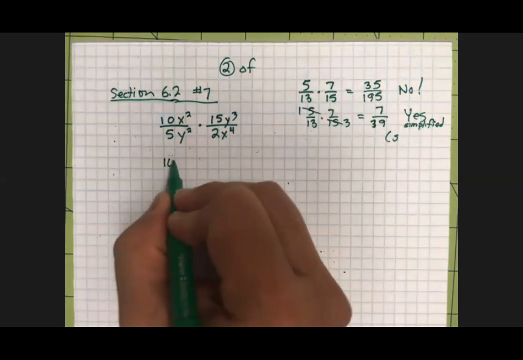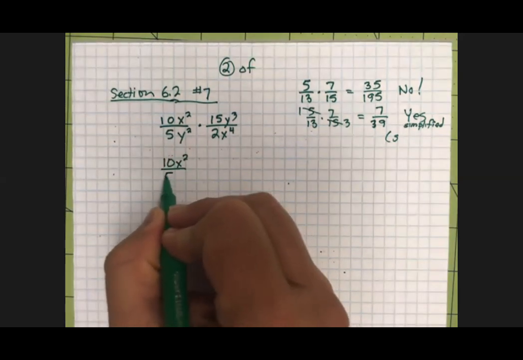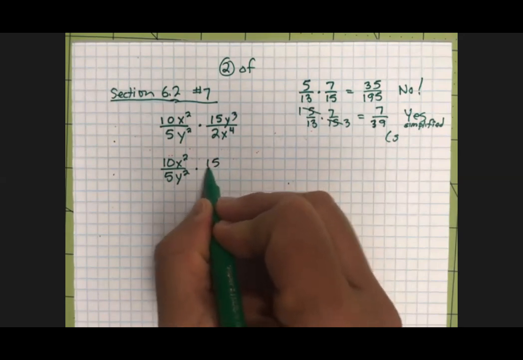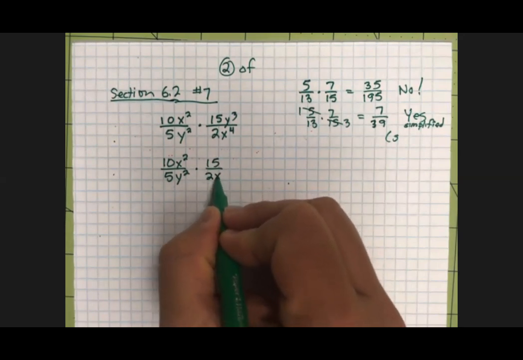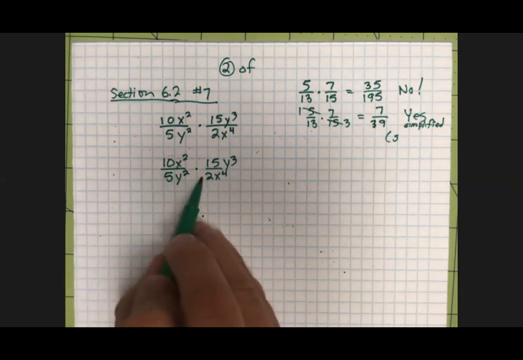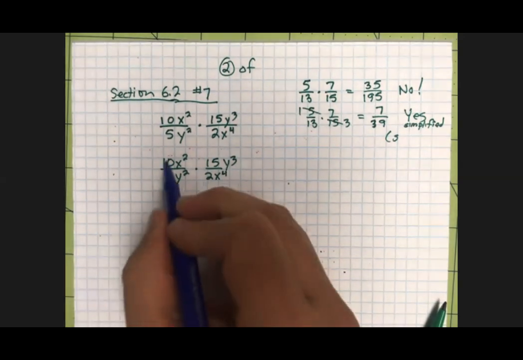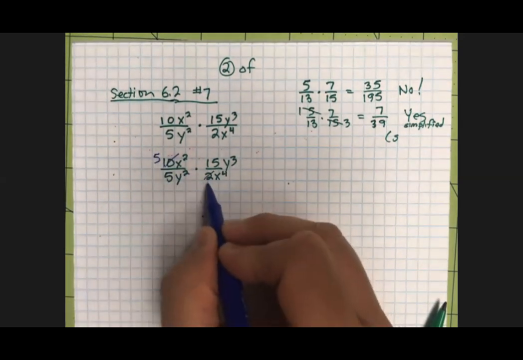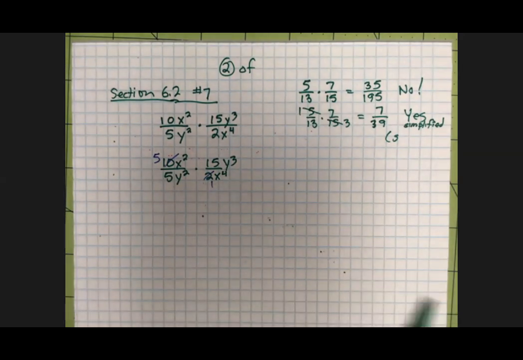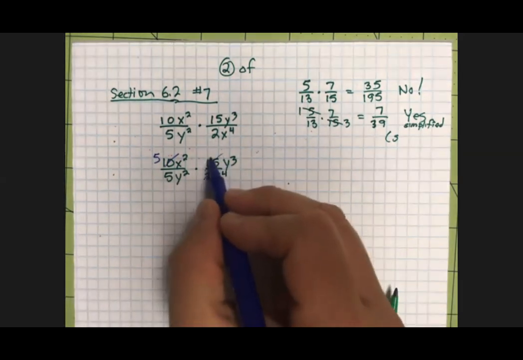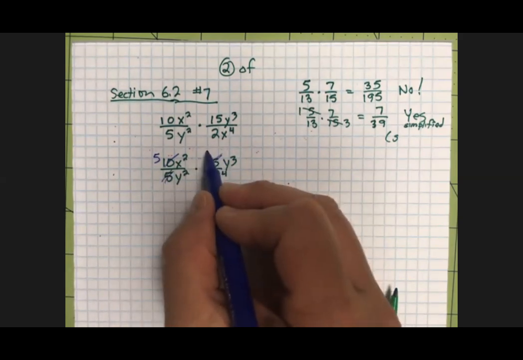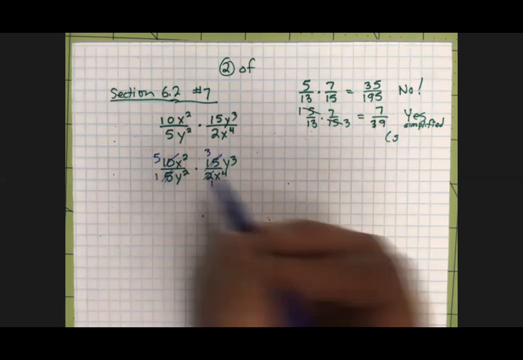I'm going to rewrite it so that I don't make the paper too messed up to see. What I have is 10 is to 2 as 5 is to 1. Like 10 over 2 is 5 over 1. And likewise, 15 is to 5 as 3 is to 1.